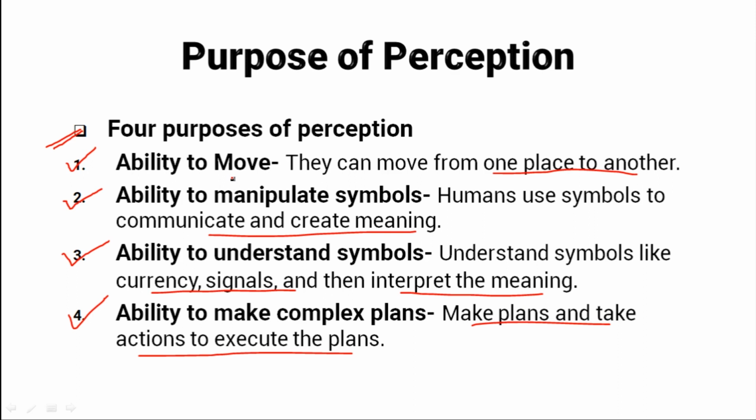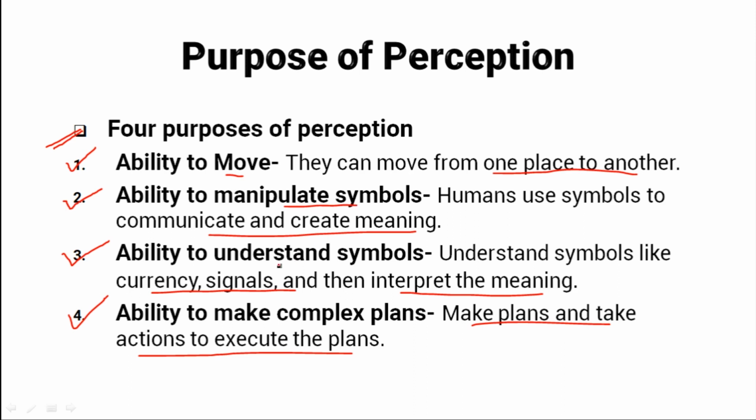So to summarize, human beings have 4 important purposes that set them apart from other organisms. The first purpose is mobility, which means that we can move around and navigate through different environments. Then the second one is the ability to manipulate symbols to create meaning, such as using language or interpreting signs and signals.